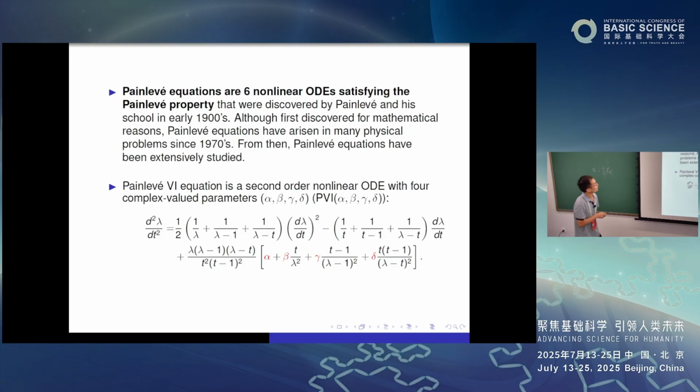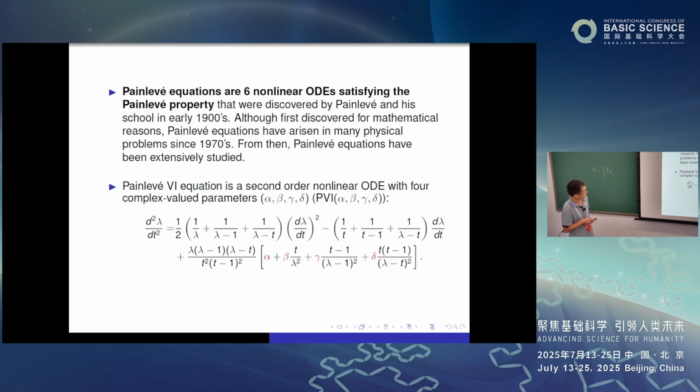So the Painlevé equations are 6 nonlinear ODEs satisfying the Painlevé property that were discovered by Painlevé in his work in the early 20th century. The Painlevé equations were first discovered for mathematical reasons, but it turns out they appear in many physical problems. So the Painlevé equations have become very important in the field of integrable systems.